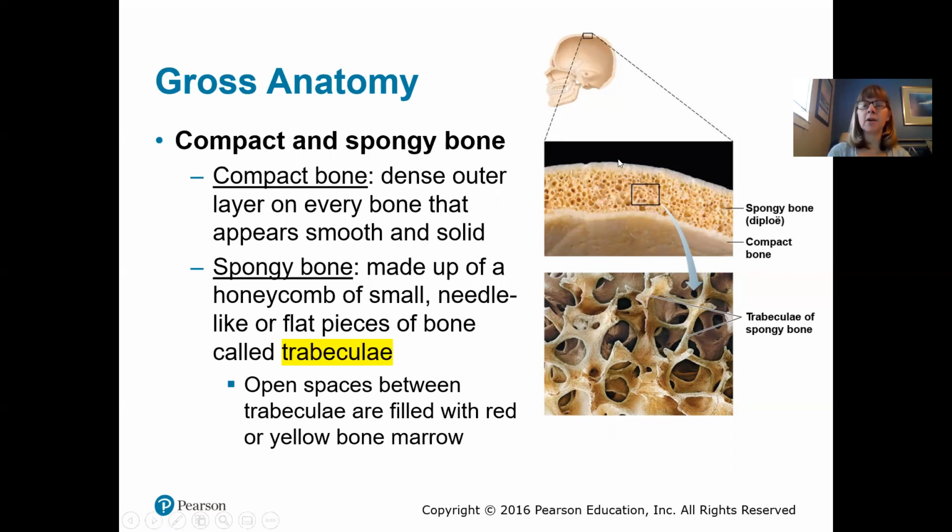Okay, so the hard part, the part that's very dense, is called the compact bone. That's the outer layer of the bone, or the part that appears smooth. Then this inside part is what we call the honeycomb, and there's a word for it called trabeculae. That's a word you should be really familiar with because it comes up again in anatomy.